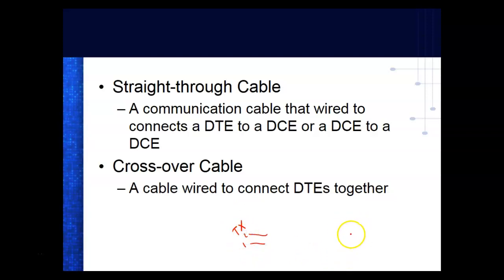Over here on this DTE, it's going to use the same thing: pin 1 and pin 2 to transmit the data. And let's say pin 3 and pin 4, we're making this up, guys, is used to receive data. Well, this guy is sending data out on pin 1 and 2. If we connect that to pin 1 and 2 over here, this guy's going to try to send information out of pin 1 and 2, and it won't work.